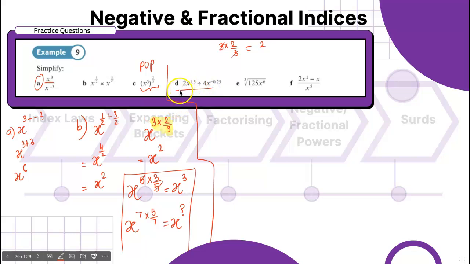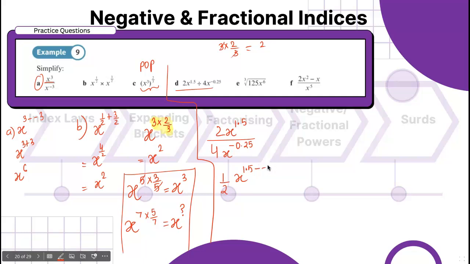Okay, so now we're going to be discussing D part, right? C is done. For D part, we have 2x to the power 1.5 over 4x to the power negative 0.25. That is fine. So 2/4 is nothing but a half, and x to the power, whatever the top power is, minus the bottom.